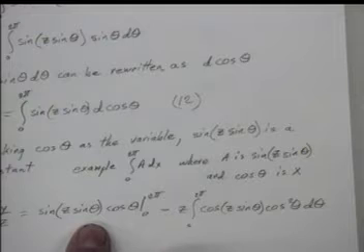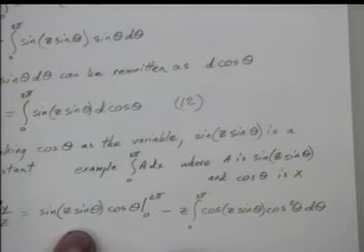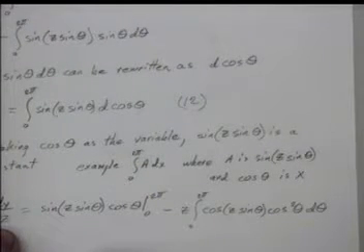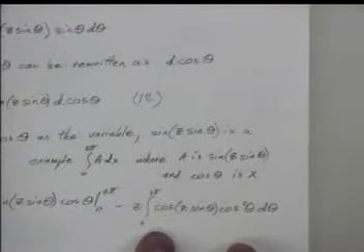When we evaluate this term from 0 to 2 pi, that goes to 0 because sine of theta was 0. And we're back to the first derivative of y with respect to z being just this term.